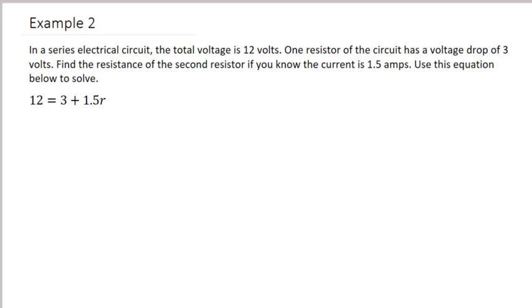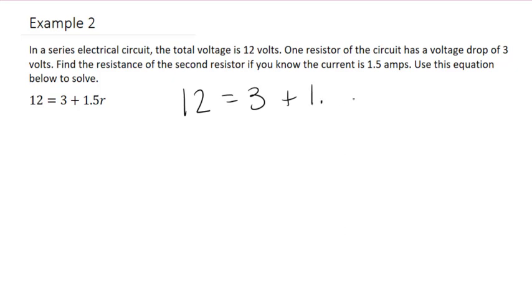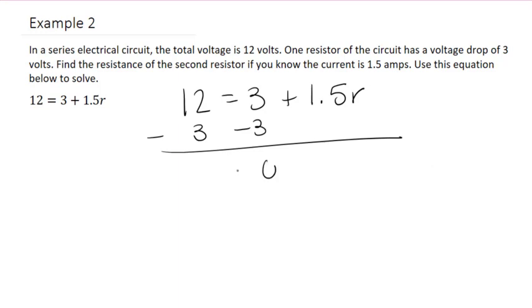Here we have, in a series electrical circuit, the total voltage is 12 volts. One resistor of the circuit has a voltage drop of 3 volts. Find the resistance of the second resistor if you know the current is 1.5 amps. We're going to use the equation below to solve. So we have 12 is equal to 3 plus 1.5 R. The first thing we do when solving is subtract 3 on both sides. 3 minus 3 is equal to 0.